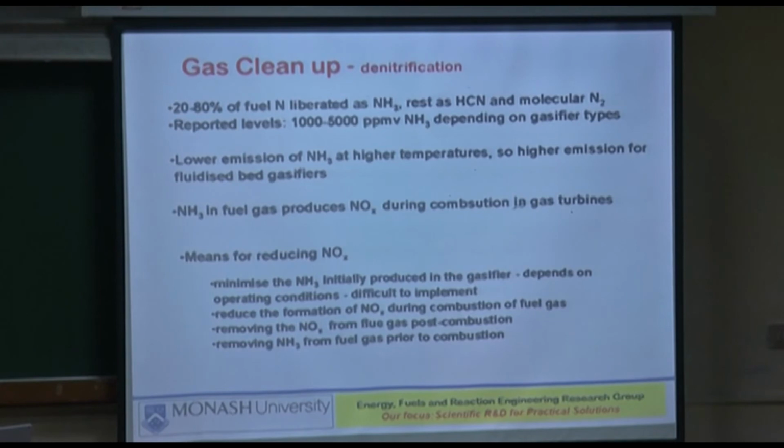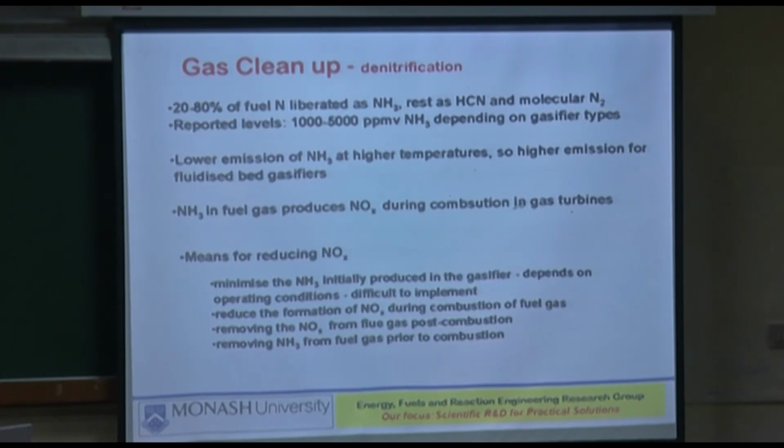So from that point of view, the fluidized bed gasifiers will give you more ammonia. And the ammonia in the fuel gas produces NOx during combustion in gas turbines. So if you don't clean it up, it will go to the gas turbine, and because of the oxygen, it will convert it to NOx, and then you have another problem.